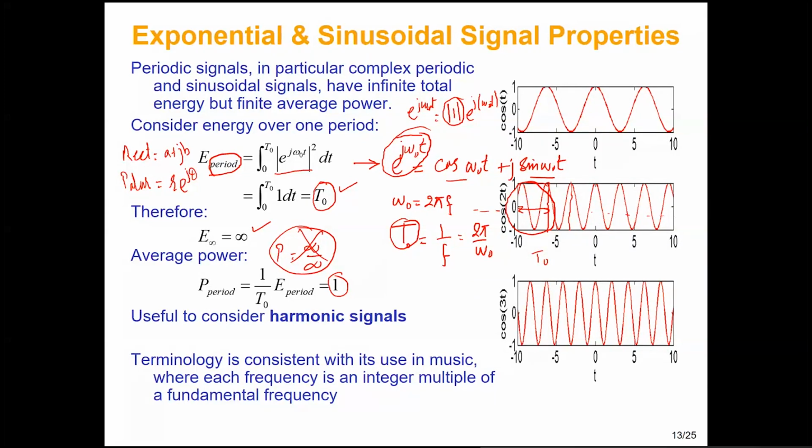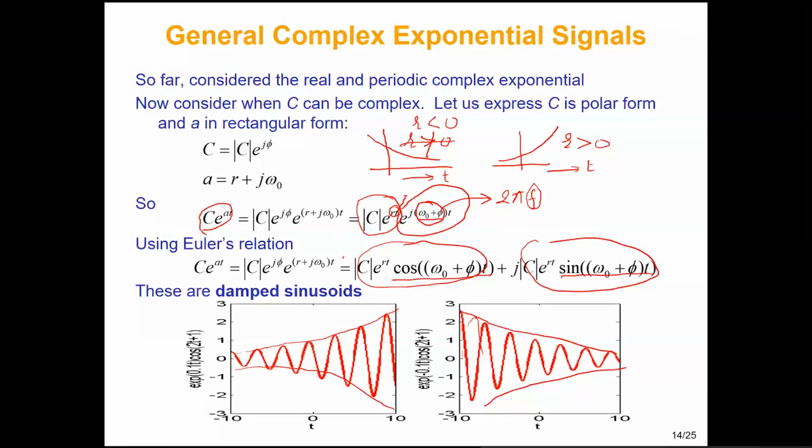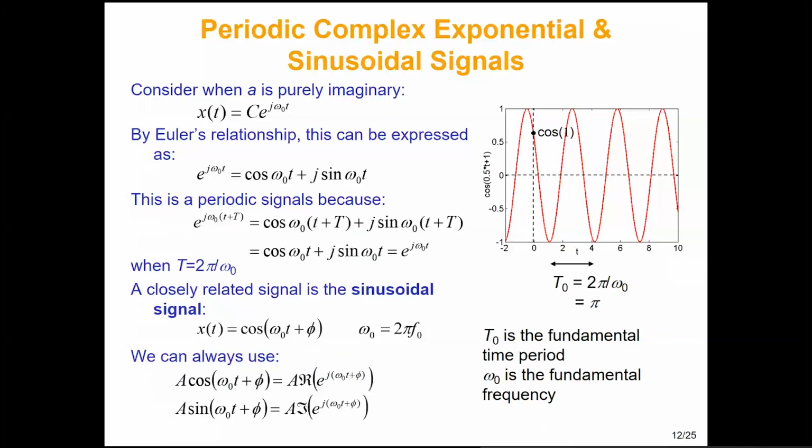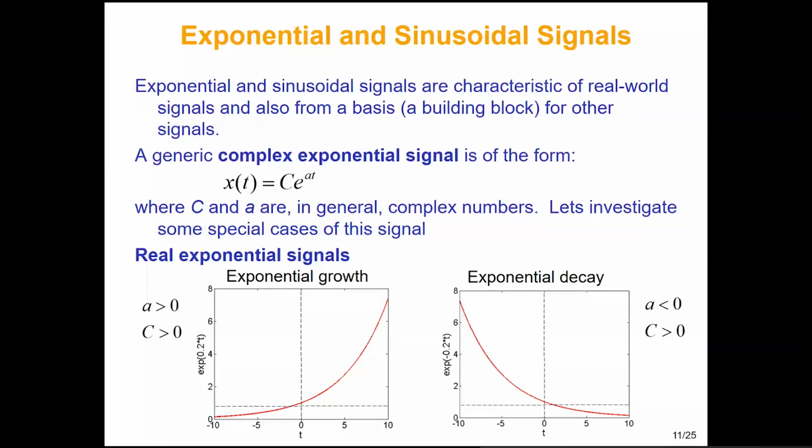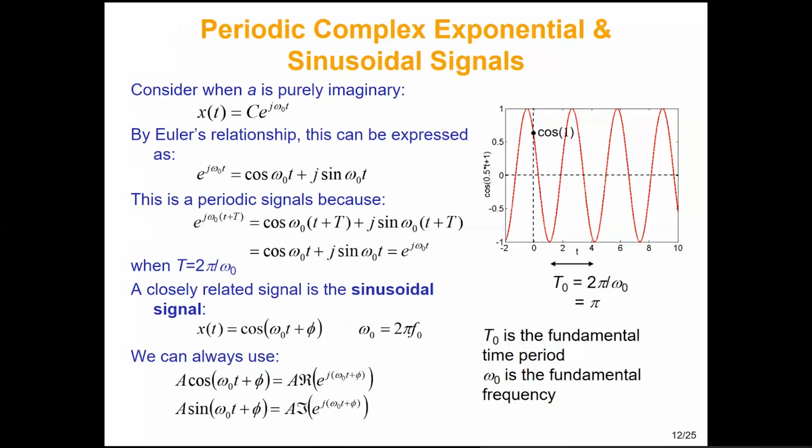This is just one example shown right here for complex exponent. A lot of things were covered here for complex exponent, starting from very simple. We can have both C and A real, then just A complex, then both A and C complex, and how they look like. Then we talked about e raised to the power of j omega t, because this is a complex exponent which we will come across again and again.